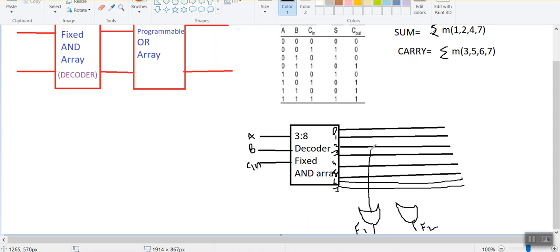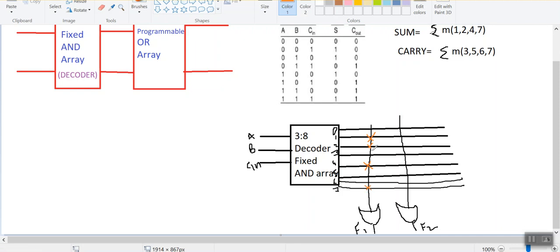Directly I can connect to all the lines, and there I need to represent a one. I would like to have a cross symbol here: 1 and 2 with a cross mark, 4 has a cross mark, and 7 has a cross mark.